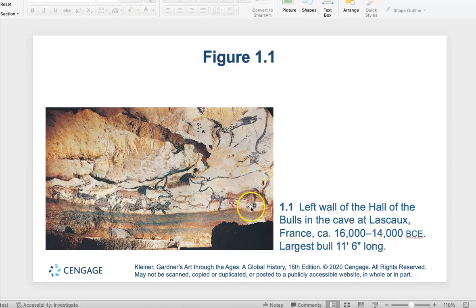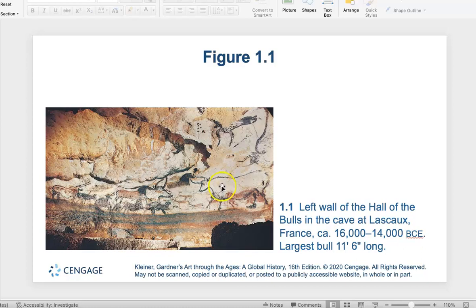It says here that the largest bull, and I think that's this one over here on the right, measures 11 feet and 6 inches long. That's a big ass bull. And it's an outline drawing that I don't know what material specifically they used. Was it charcoal? Was it something like that?